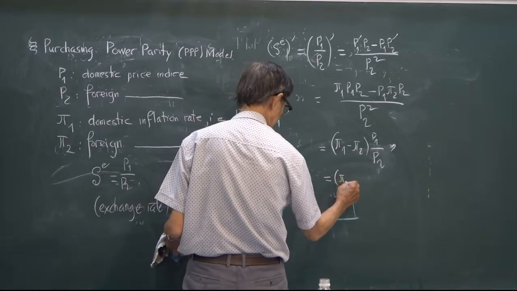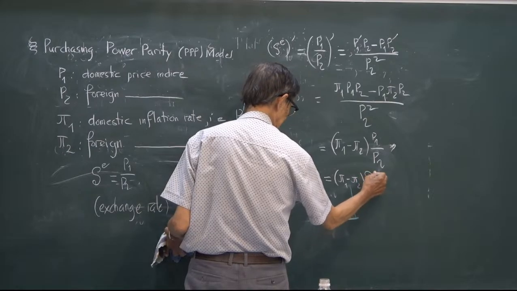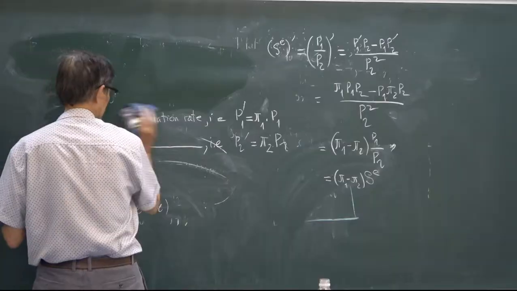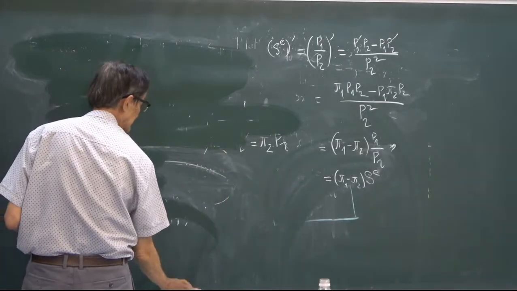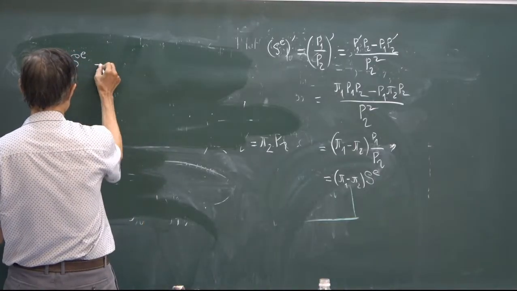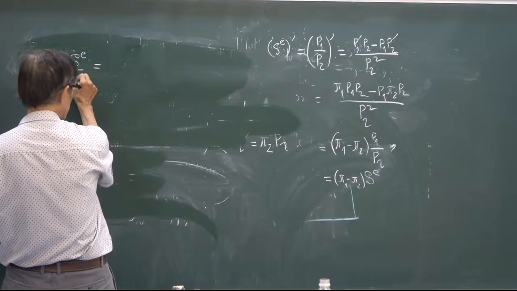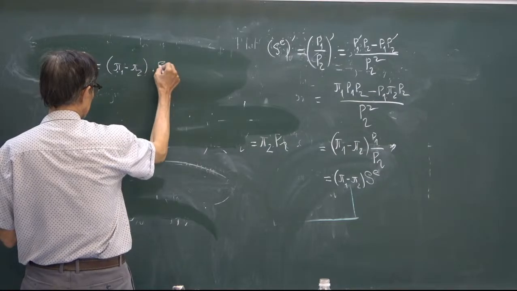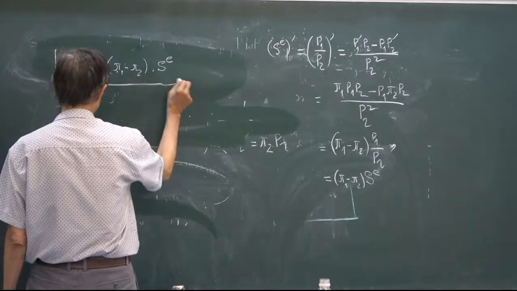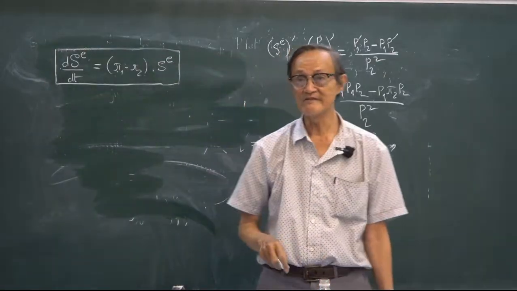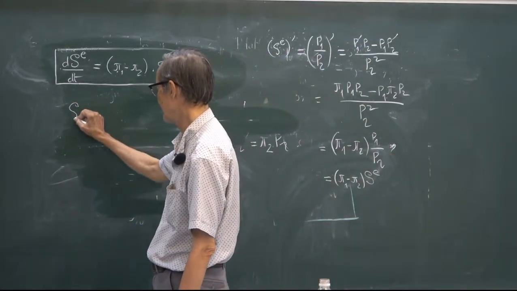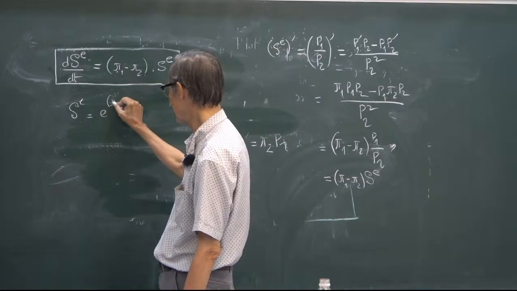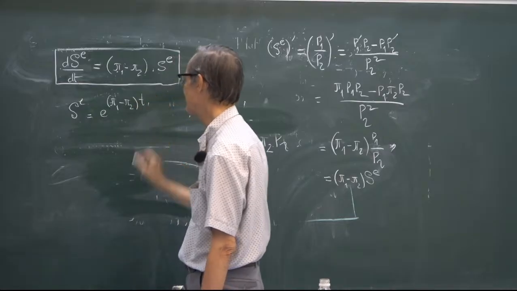Equals pi 1 minus pi 2 times capital S E. So d capital S E over dT equals pi 1 minus pi 2 times capital S E. Similar to the previous cases, so we have capital S E equals e power pi 1 minus pi 2 T. Okay.